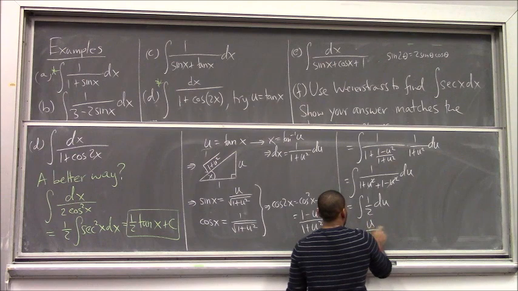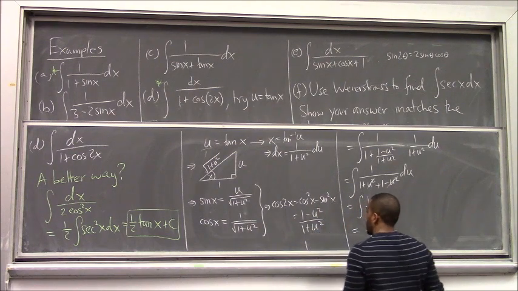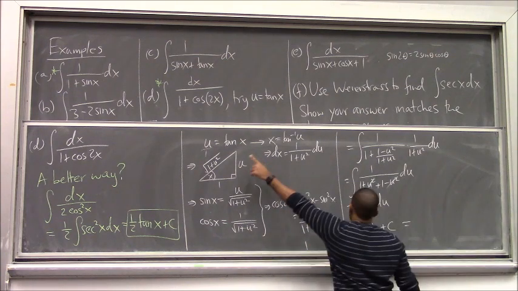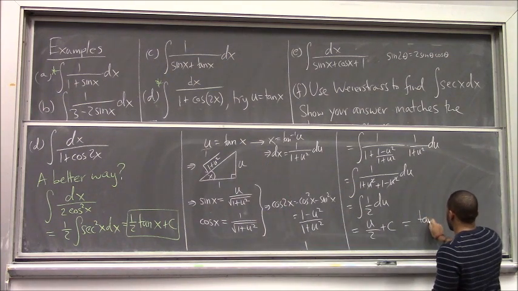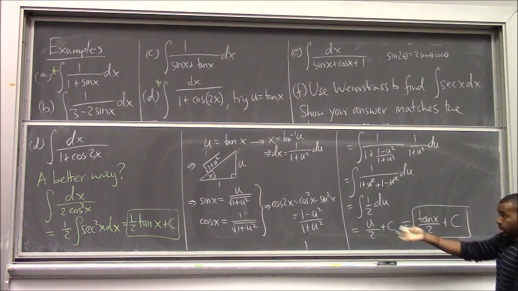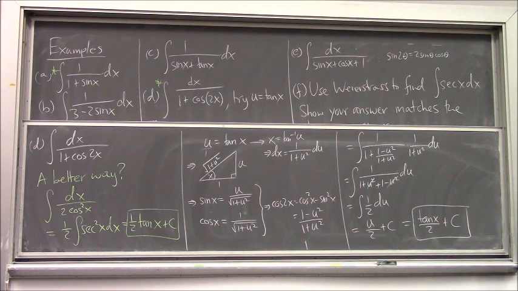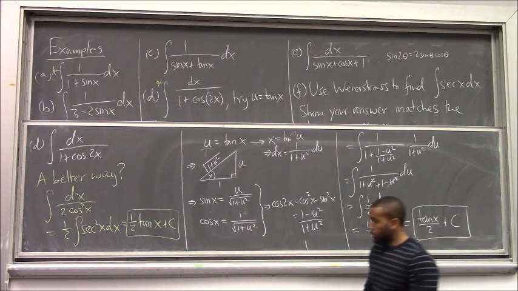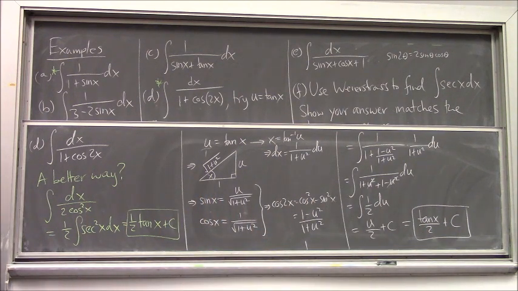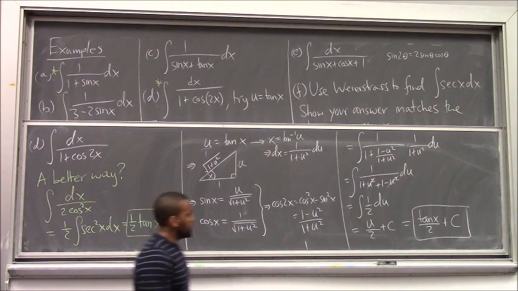So this is just u over 2 plus c. Our substitution was u equals tangent x, so this is tangent x over 2 plus c, which directly coincides with that answer. So a little bit of work here, but there was a much nicer way to do this particular problem.